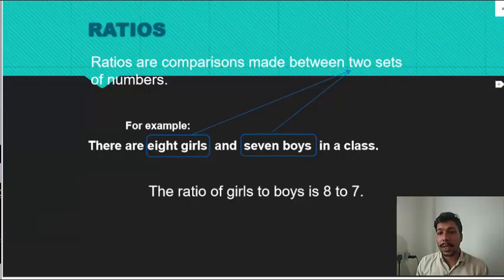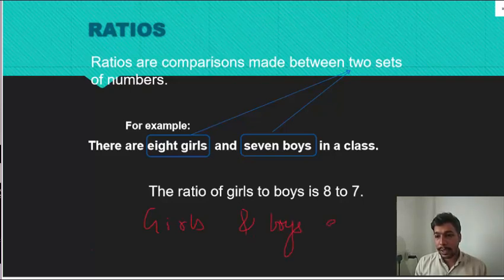Okay, what are ratios? Ratios are the comparison made between two numbers. For example, if there are 8 girls and 7 boys in the class, then the ratio between girls and boys is what? 8 is to 7.